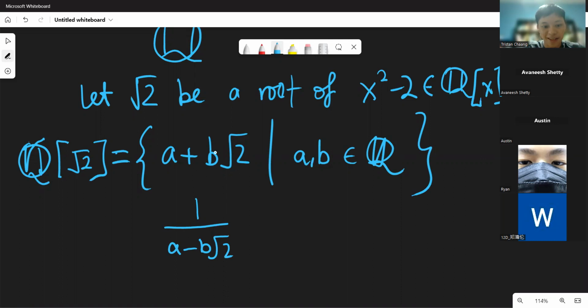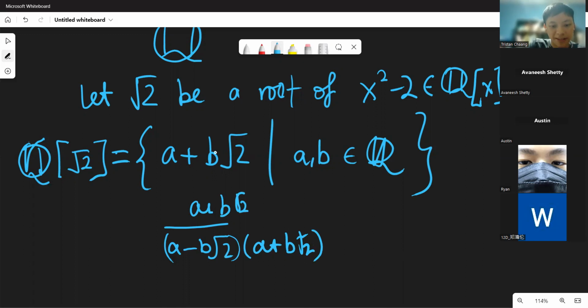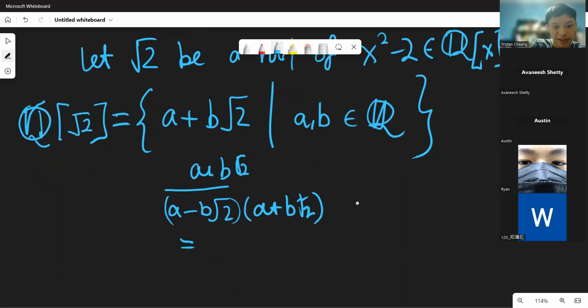Apparently, yes, because if we multiply up and down by the conjugate, the denominator is some rational number: a squared minus 2b squared. And then the inverse is a over a squared minus 2b squared, minus b over a squared minus 2b squared times square root 2.